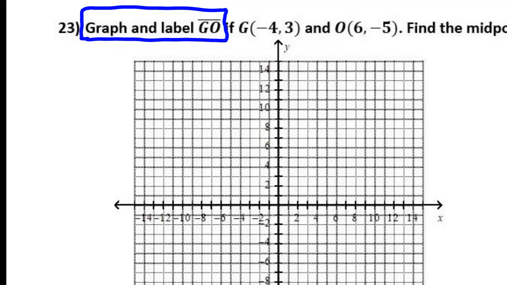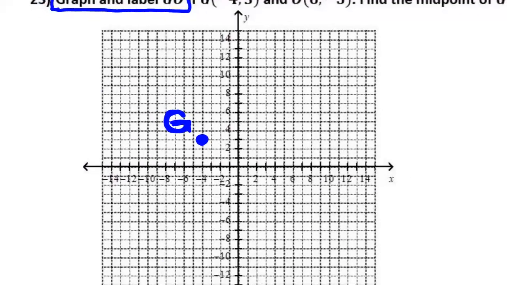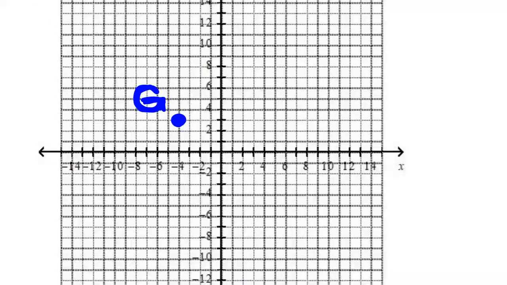So we're going to plot point G. Remember, the first number is your X number. That tells you how far left or right to go. So we're going to go left 4 and up 3 to plot our first point here at G. You have to label your points. Just putting a dot is not enough. You have to label the point. O is at 6, negative 5.